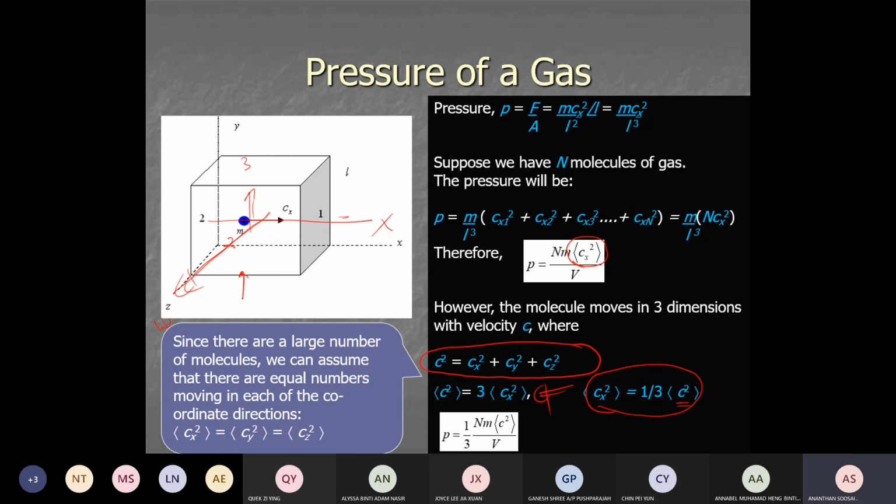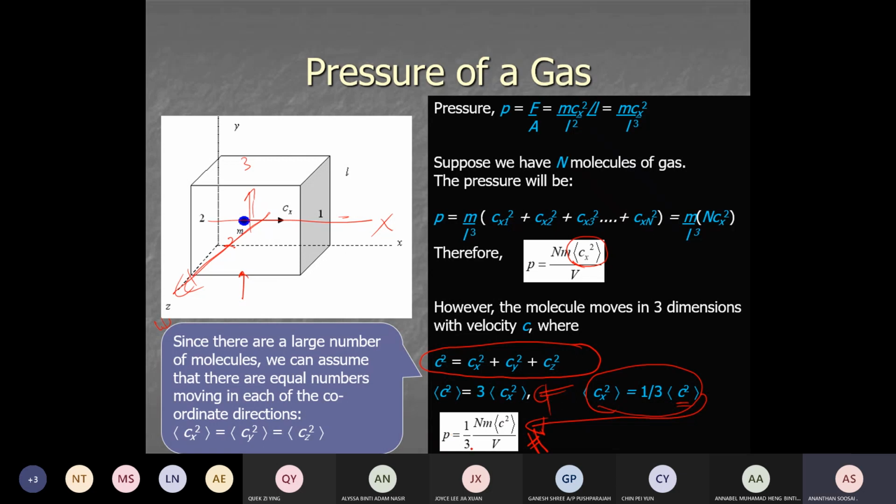Actual mean square speed. So the formula turns out like this: cx squared is changed to mean c squared, average c squared. This is the formula developed by scientists, completely from theory.